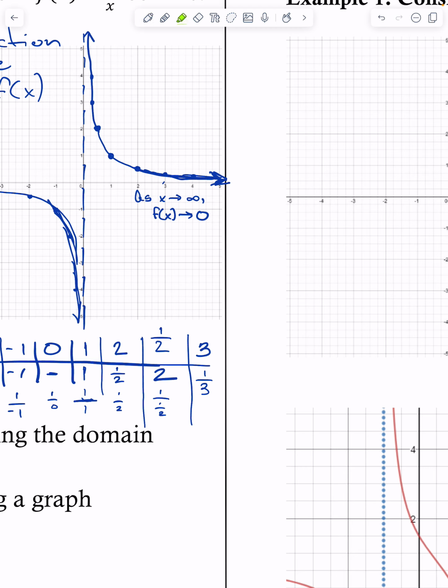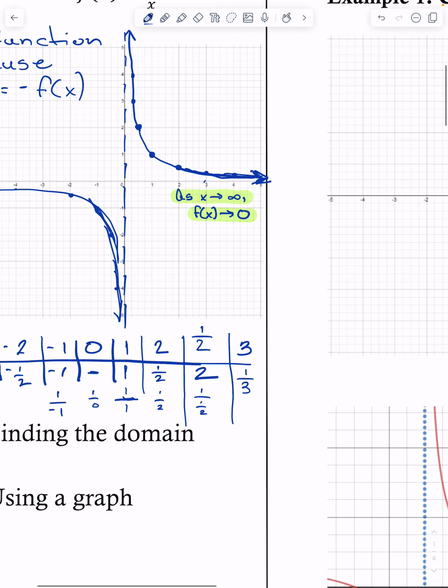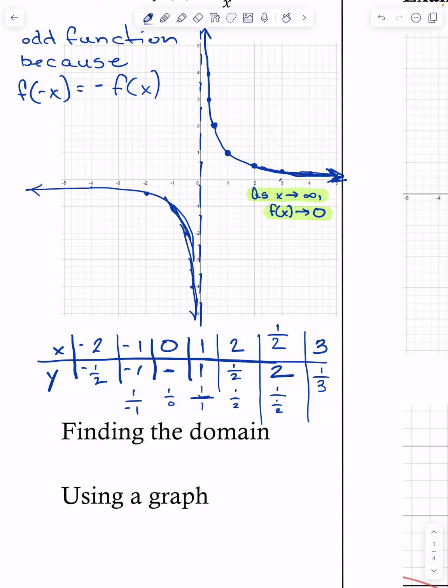I'm just getting closer and closer to 0. We can do this at the other end of the graph as well. As x goes to negative infinity, f of x is also going to 0. Notice that it is approaching 0 from below. Doesn't really matter, it's still approaching 0.